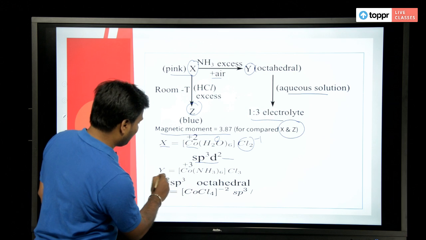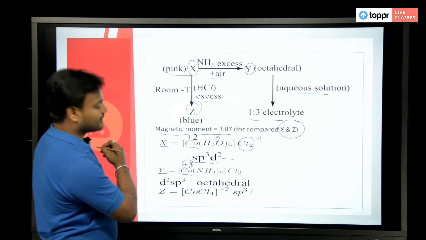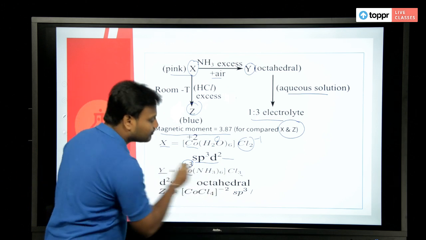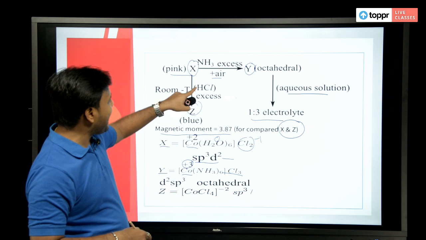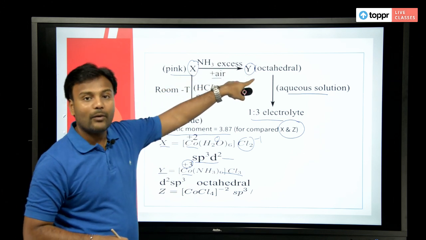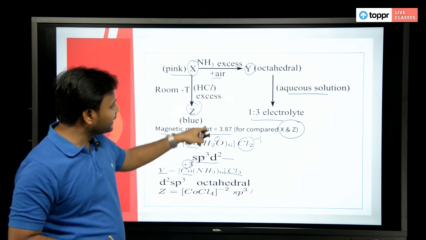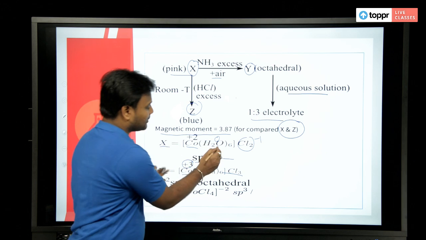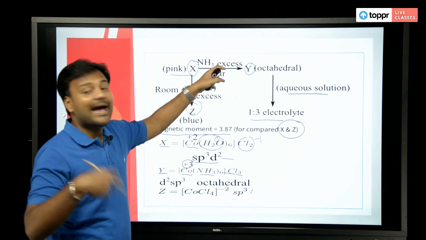Next, the oxidation state of Y is +3 here, of course, with the presence of 3 chlorines. Because how is Y formed? When X is treated with ammonia, you get Y. The water molecules are replaced with ammonia when you are treating with excess ammonia.